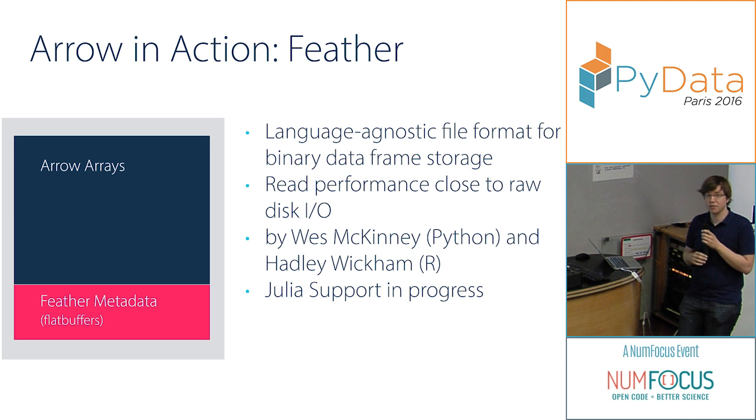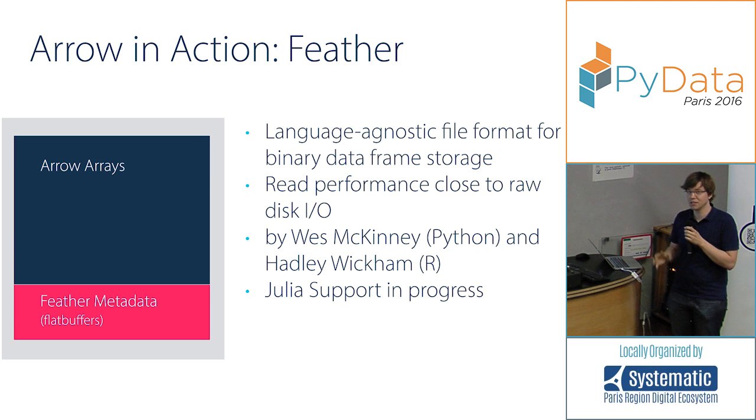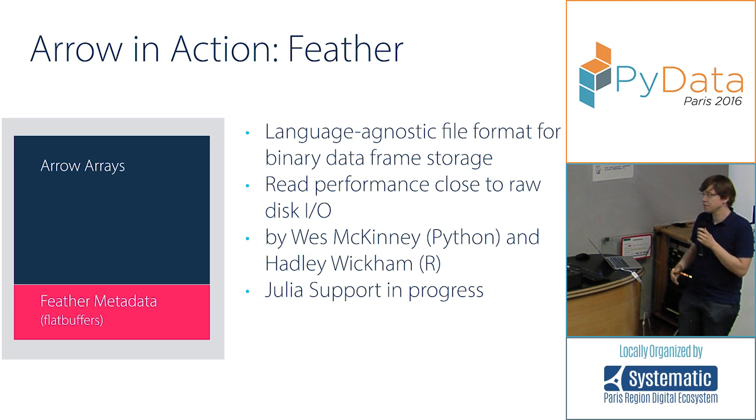And it's for the case where you don't care about disk I/O. If your disk is really fast, this is the format for you, because it won't introduce a lot of CPU overhead to load. Parsing CSV will take a lot of CPU. If you load an Arrow file, you normally don't see any CPU load. So that's one of the first ways you can use Arrow without actually seeing that there's Arrow inside.